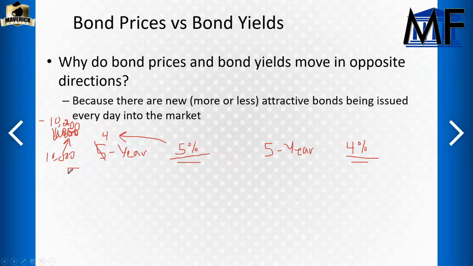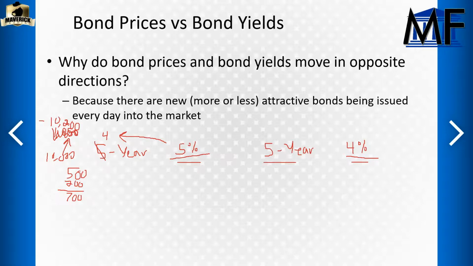So not only did you make the $500 in interest, you made the $200 in capital appreciation, you made $700 over that year if you sell that bond. Well, you might decide, I just want to hang on to it because it's paying 5%. And if I had to go buy a bond right now, it would only pay me 4%, right? So you can buy and sell these bonds.